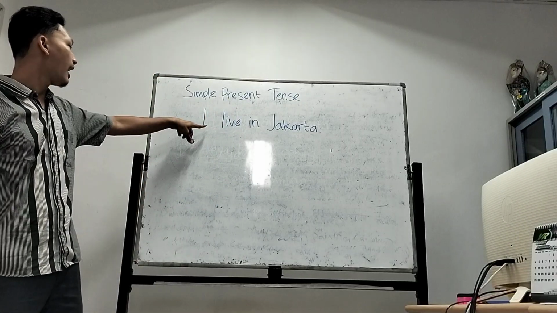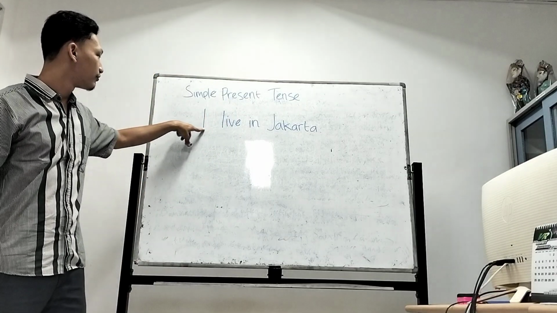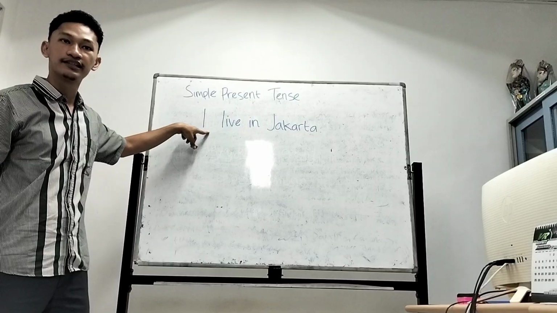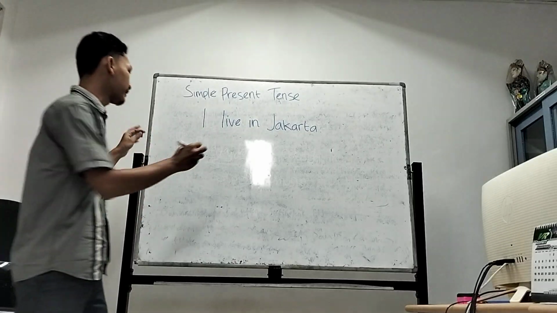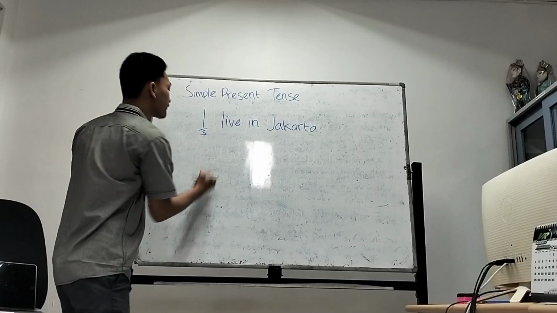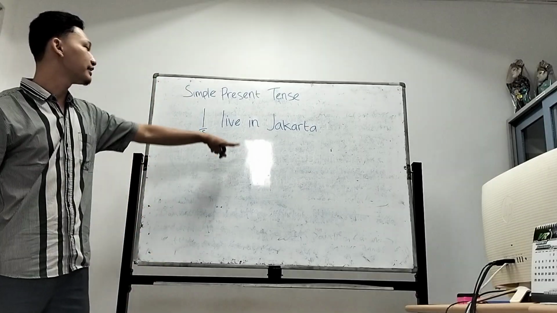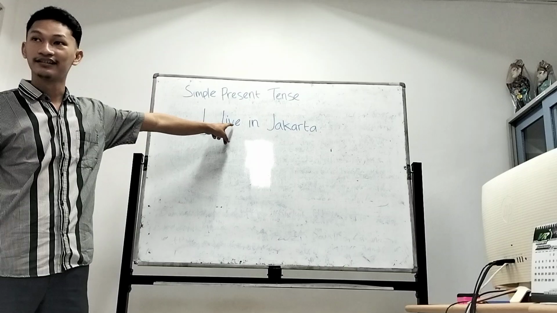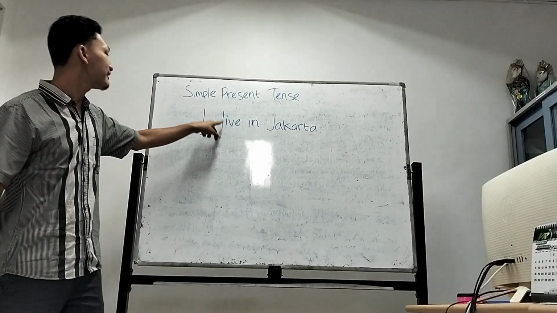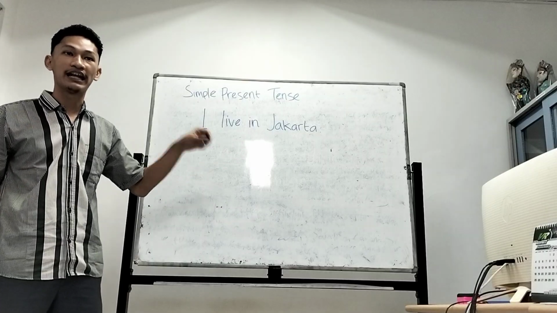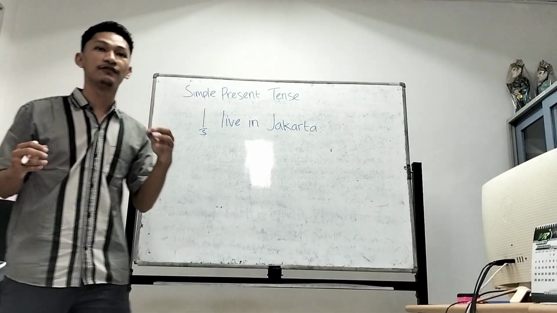So what is I? What is I's role in this sentence? Yes, I is a subject in this sentence. And how about this one? What is it? Anyone? Yes, correct. This is a verb. And more specifically, an action verb.